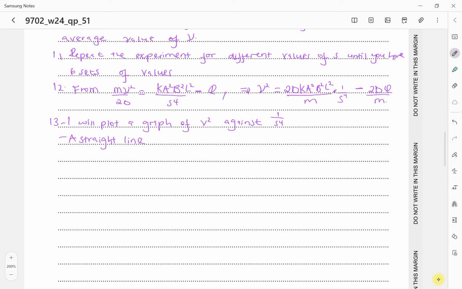Now this line is not through the origin, so a straight line passing through negative 2dq over m shows that the relationship is valid.